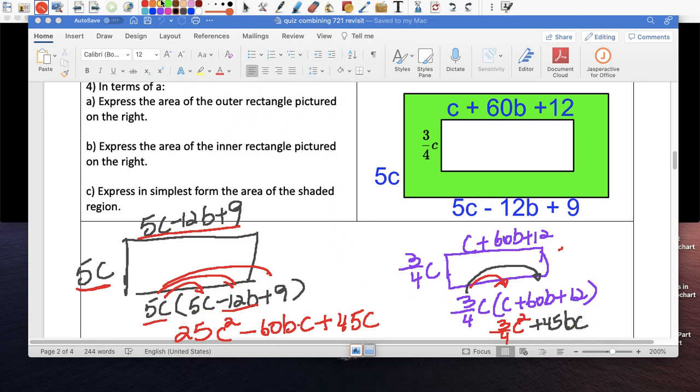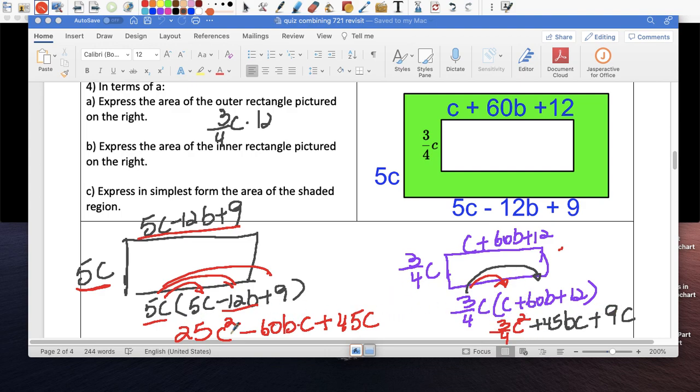The last thing we're going to multiply is 3/4 c again, because it's the outside term, times 12. The c is going to do nothing because there's no other variable. That's just c. So 3/4 times 12 is 9, right? 3/4 of 12 is 9. Positive 9c.